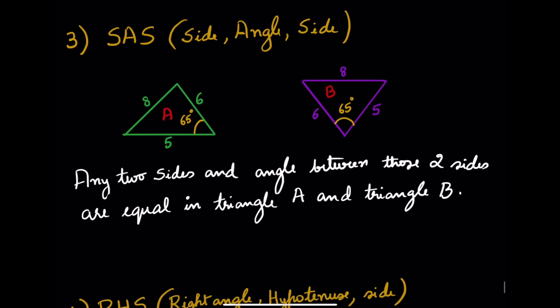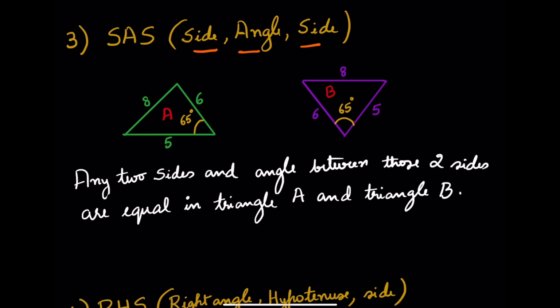Now let's understand the third criteria, which is side angle side. If you notice here, an angle between two sides should be equal. Let's compare it in the below two triangles.